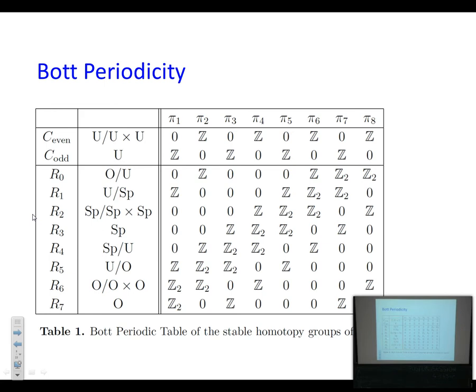Yeah? And then using Morse theory, he showed that the space of minimal geodesics is a good model for the loop space in low dimension. It breaks down in high dimension, but in low dimension, the space of minimal geodesics is a good model for the loop space.